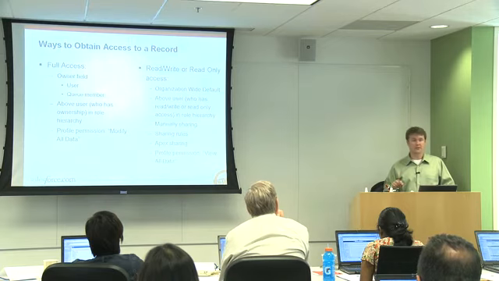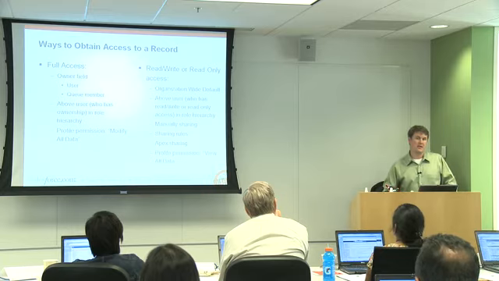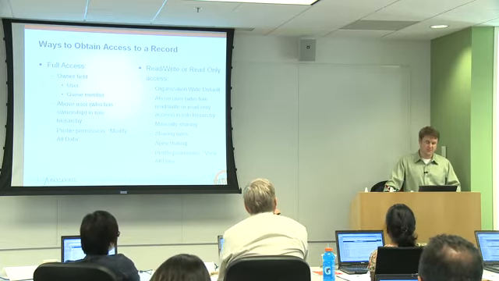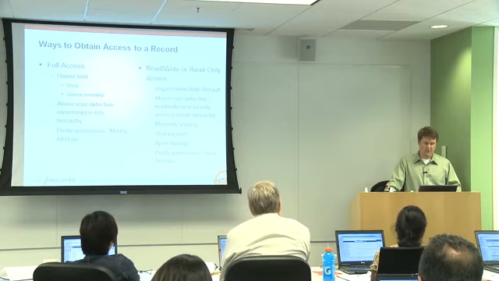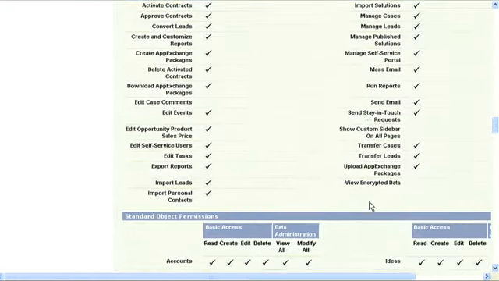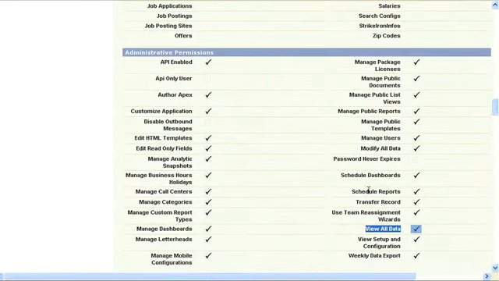The difference that I discovered was with modify all. And what I suspect is that the difference I discovered was, this is what I suspect. This one says modify all data.